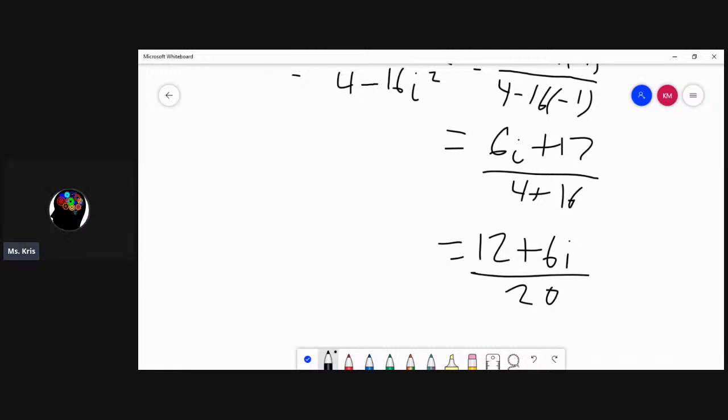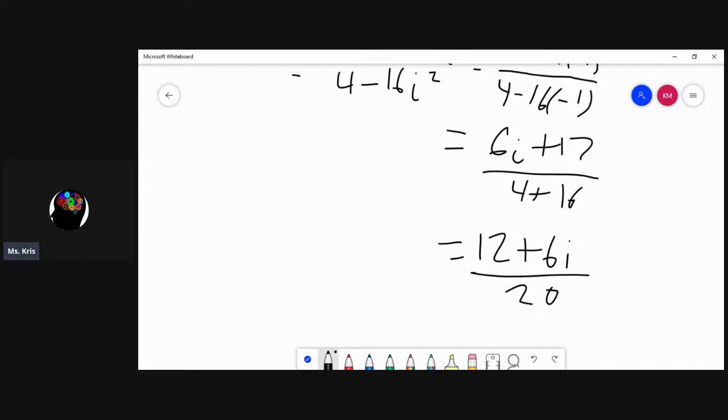So now you know that 12, 20, and 6 have what number in common? 2. So now everything can be divided by 2.